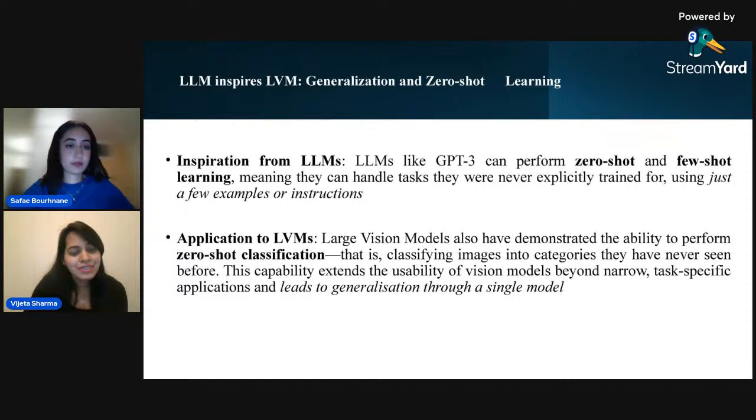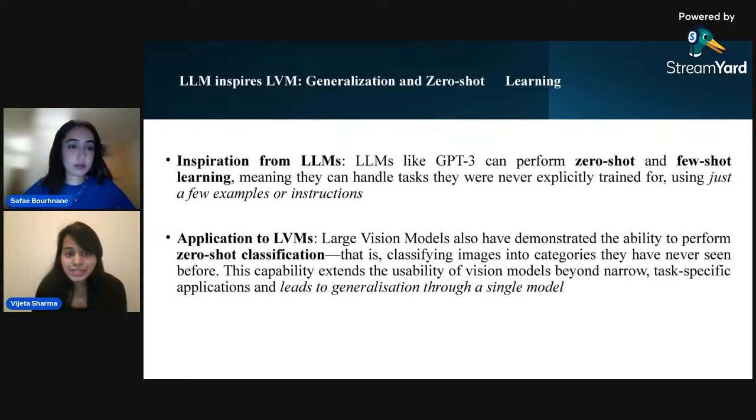It is also inspiring in terms of generalization and zero shot learning. What does it mean? Zero shot learning is, even if the model is not trained on that data, it should still have the ability to predict in a newer environment on unseen data. So the large language model has shown this kind of generalizability.